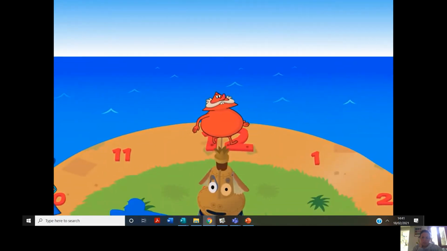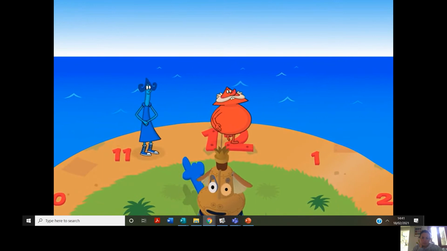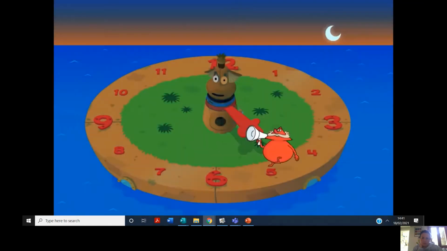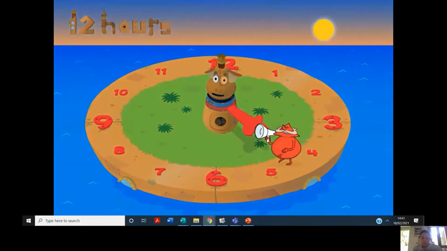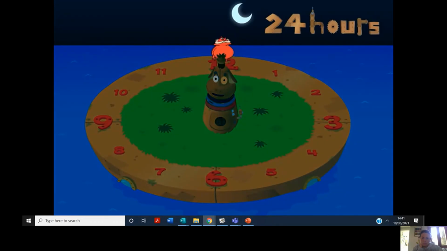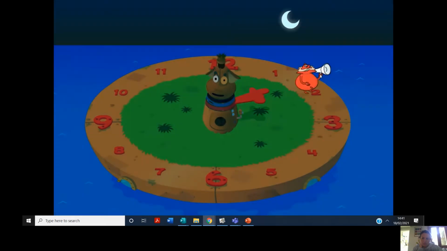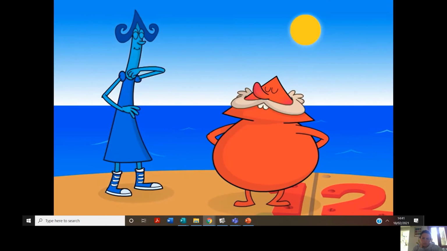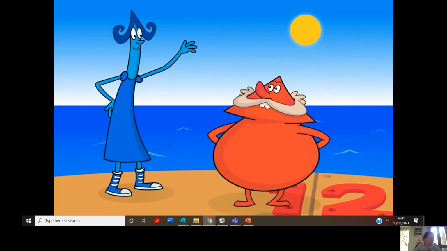When Mr. Hour has walked right around the island, back to the 12, it is the middle of the day. They call this time midday. In one day, Mr. Hour walks around Clock Island twice. To remember whether he is going round the first or second time, Mr. Hour calls the first time round AM. Can't we rest, Mr. Hour?